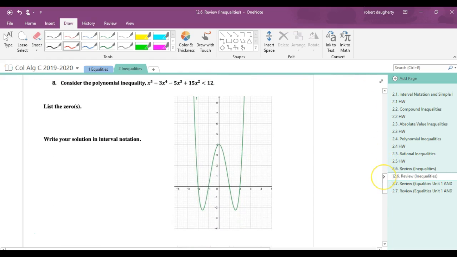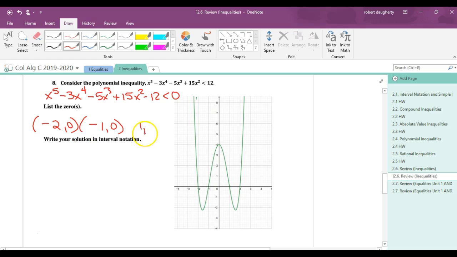One more polynomial here. Let's get it to where I have a 0. So x to the 5th minus 3x to the 4th minus 5x cubed plus 15x squared minus 12 less than 0. So I'm looking for where it is below the x-axis. So where are my zeros? Here they are: -2, 0, -1, 0, 1, 0, and 2, 0.